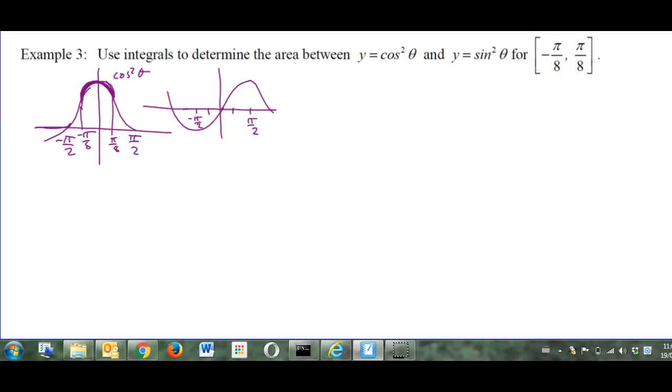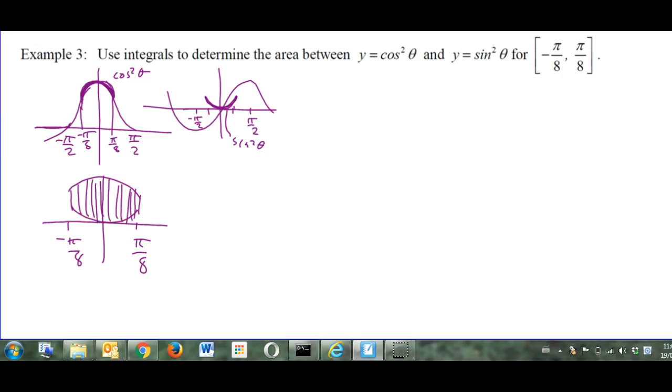So we're looking at something more along the lines of this. This is the sine squared theta. So it looks like cos squared theta is going to be above sine squared theta in the interval. From negative pi over 8 to pi over 8, it's going to look something like this and this. This guy is the cos squared theta, and this guy is the sine squared theta.